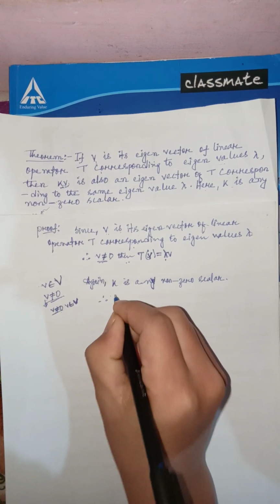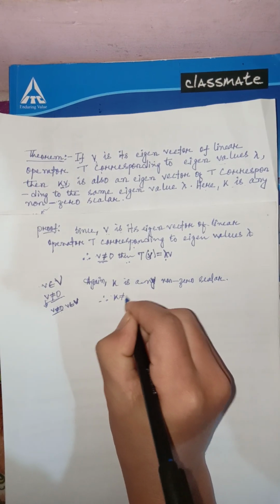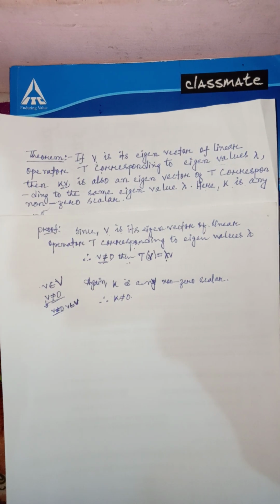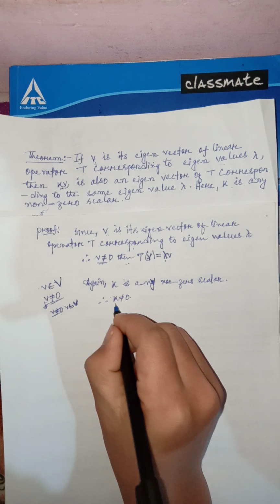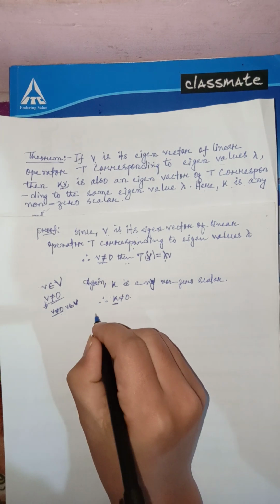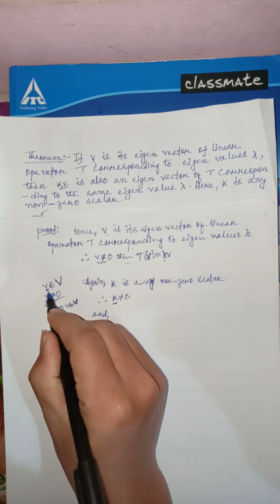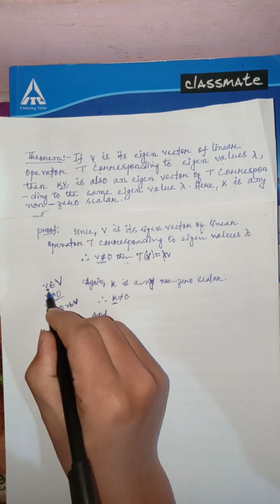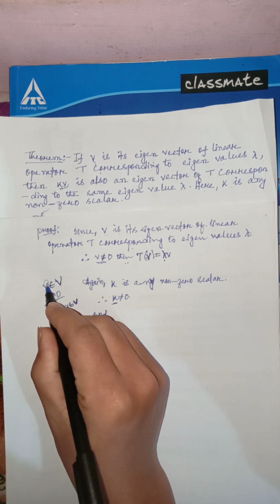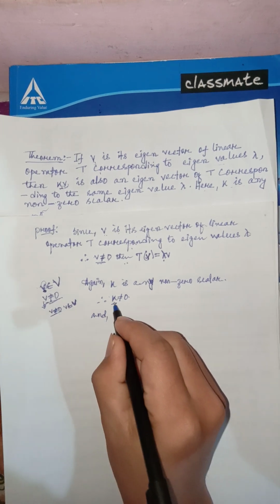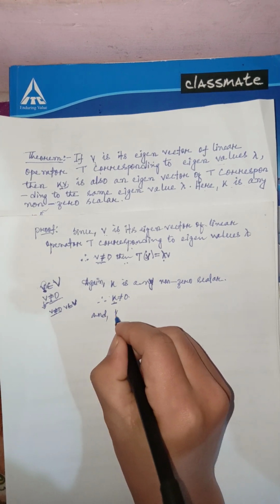If it is a non-zero scalar, it means k does not equal 0, and moreover it is a scalar. You can see here that v is a vector, an eigenvector, and k is a scalar that is not equal to 0. Let us multiply these two.